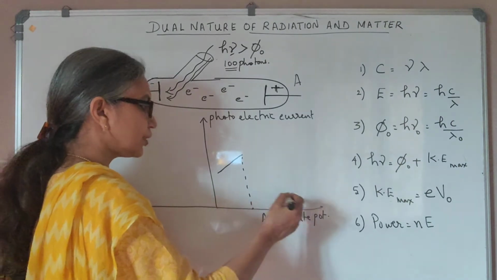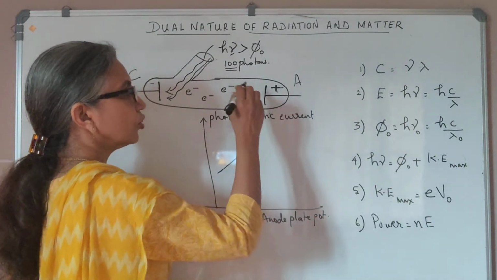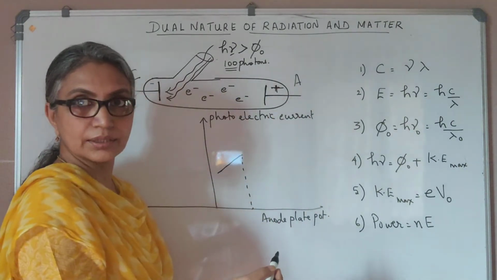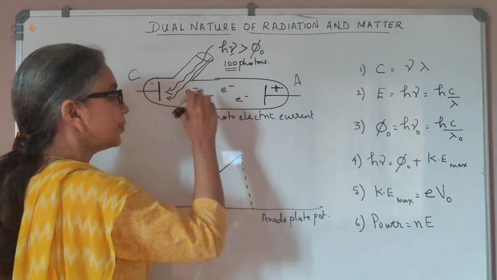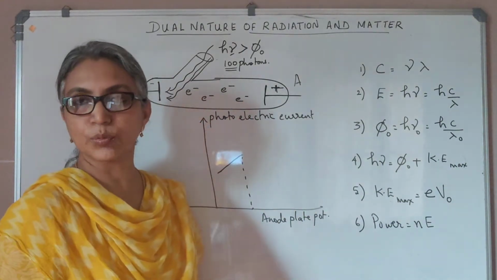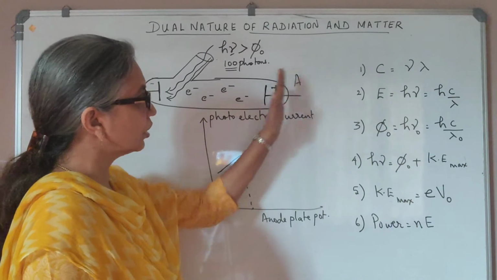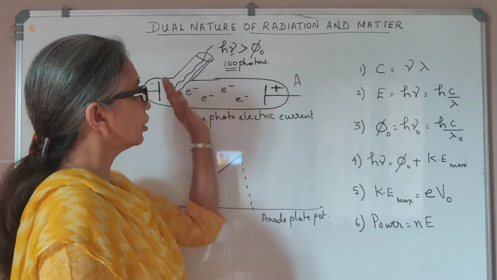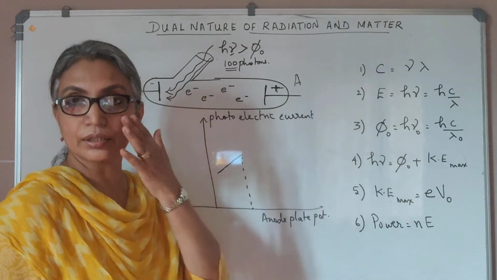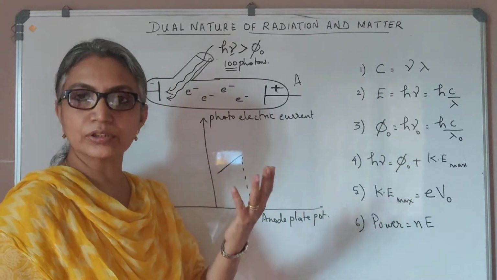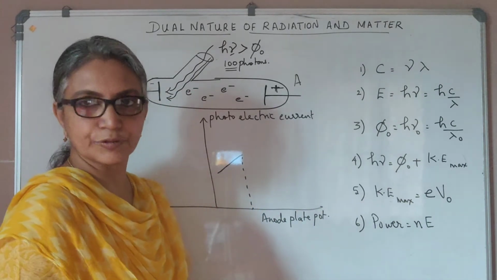Now, if you increase the anode plate potential further, you cannot increase the photoelectric current because this plate is emitting only 100 photoelectrons in 1 second. So even if you increase the anode plate potential, you are unable to get more than 100 photoelectrons. So the photoelectric current will remain constant after that.